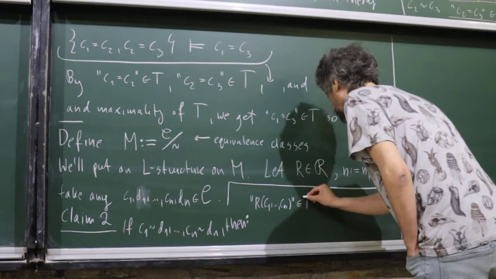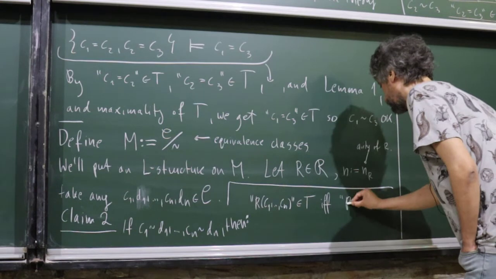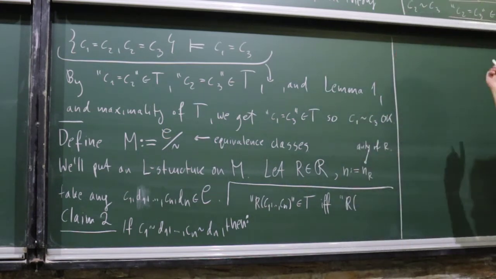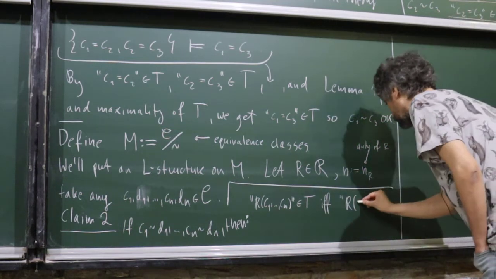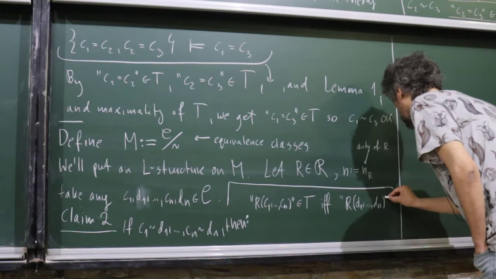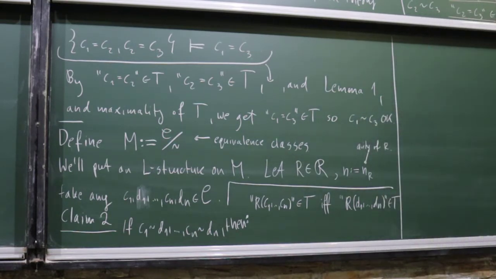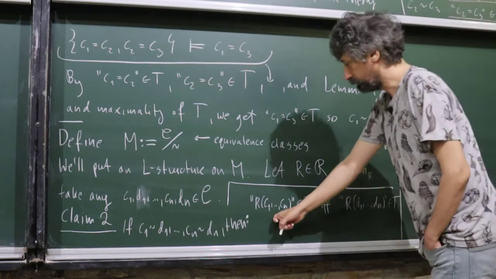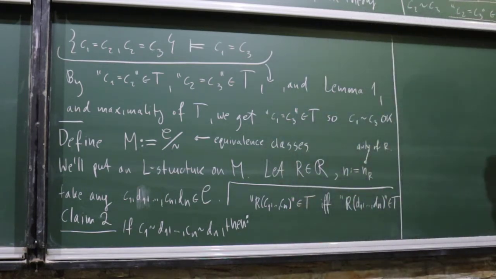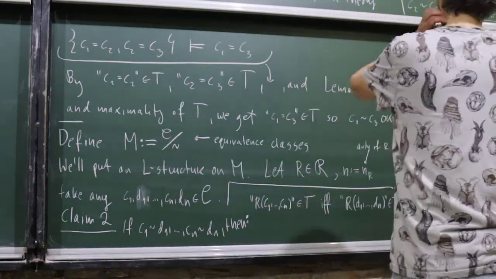So this is in T if and only if the one with the equivalent n-tuple in this sense is also in T. Okay, and using that, it will be well defined. We will be able to define in a good way the interpretation of R in this set of classes.